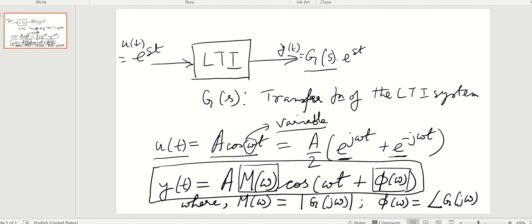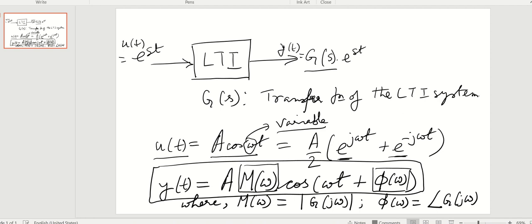In other words, first there's one question, which is, given a particular transfer function g of j omega or g of s, what would the m of omega and phi of omega look like? That is the direct question. We shall see that shortly in this lecture. But the reverse question is, given m of omega and phi of omega, is g of j omega or g of s uniquely determinable?